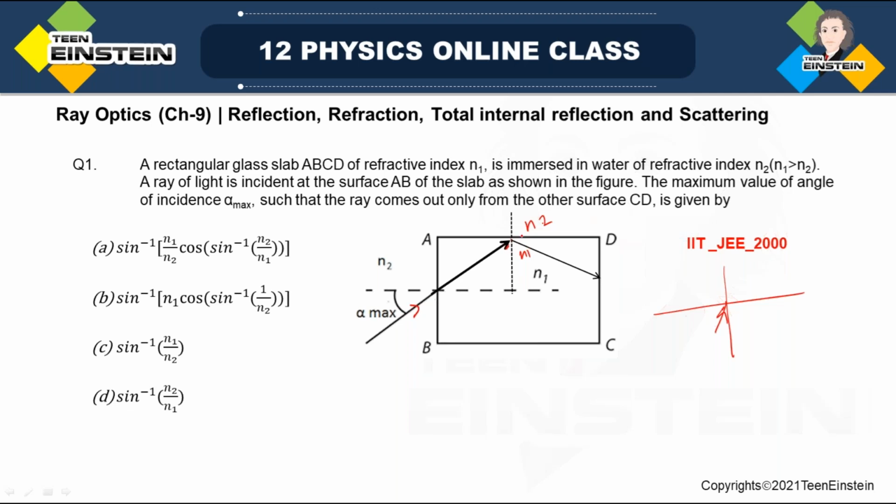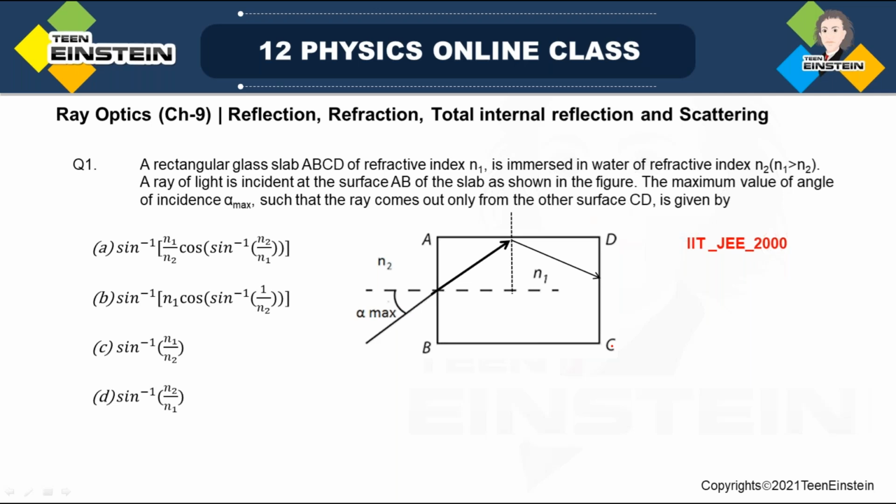In this case, if this angle of incidence becomes theta c, then there will be total internal reflection. Only then, after entering here, will the ray be able to come out through this face CD.